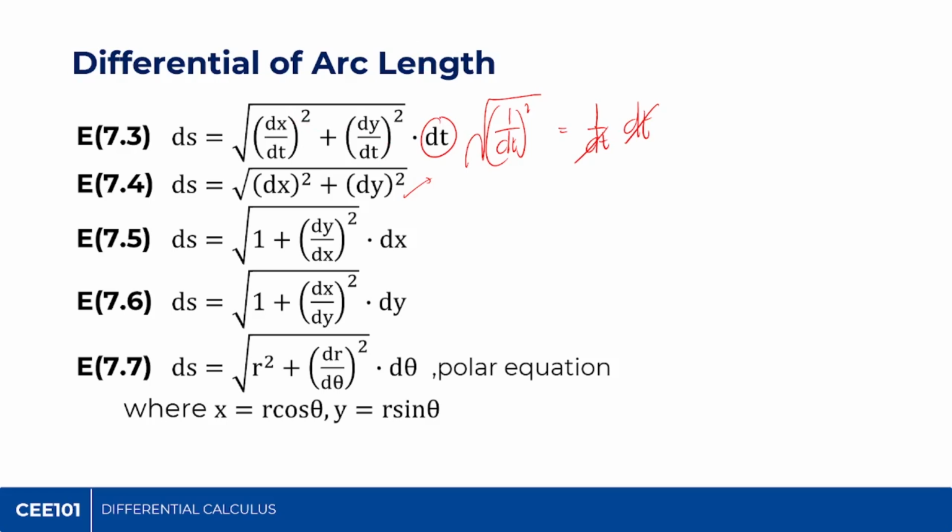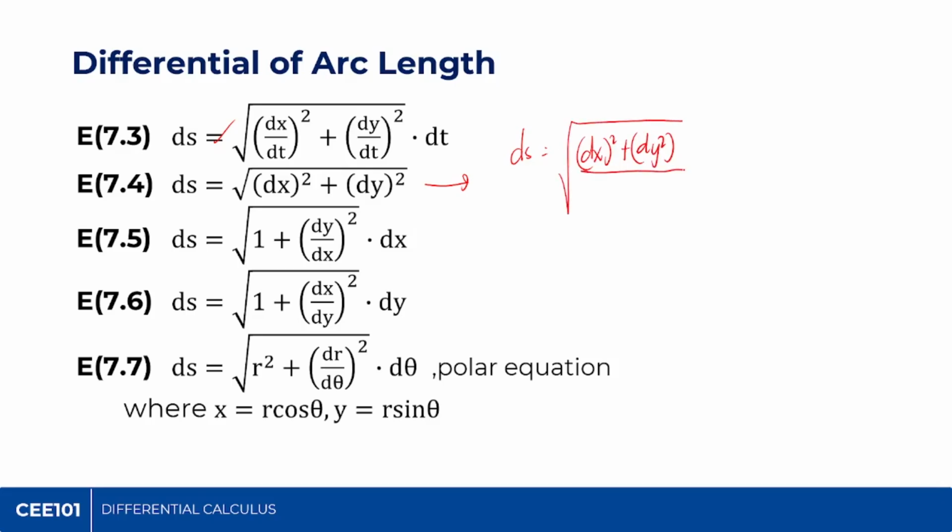Okay? From here, you can also divide either dx squared or dy squared from this equation. So for example, we will be dividing dx squared plus dy squared by, let's start with dx squared.